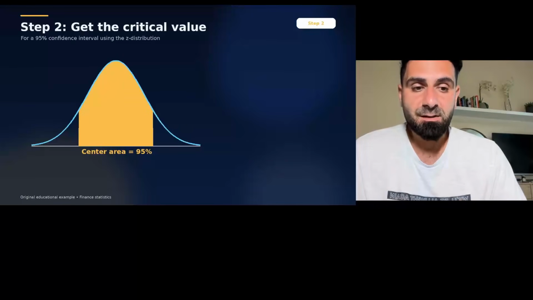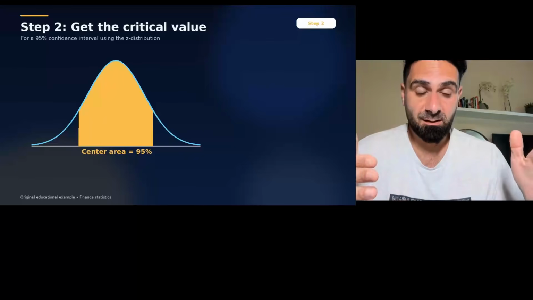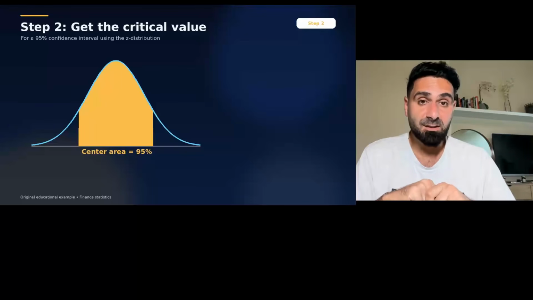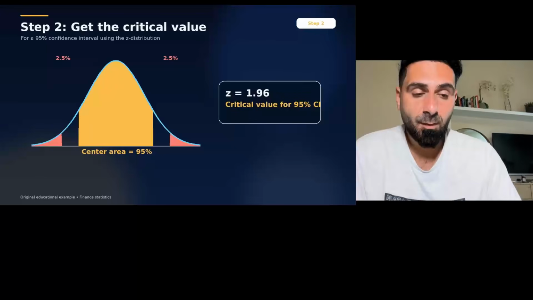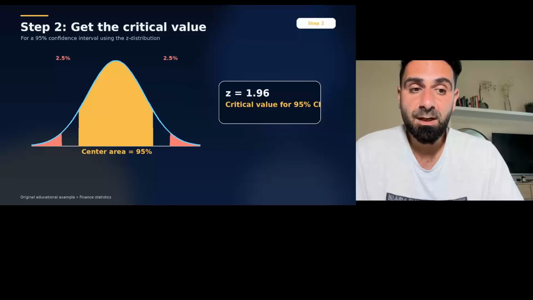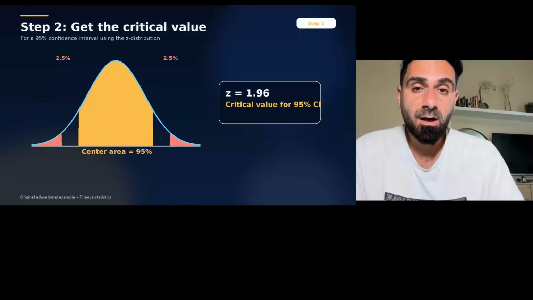Again, look at this distribution. This is a two-tailed distribution, so the confidence level is 95%, the significance level is 5%, 2.5 left and 2.5 right. So the z value, which is the critical value here, is 1.96 for the two-tailed distribution.